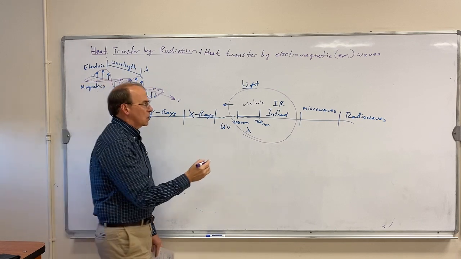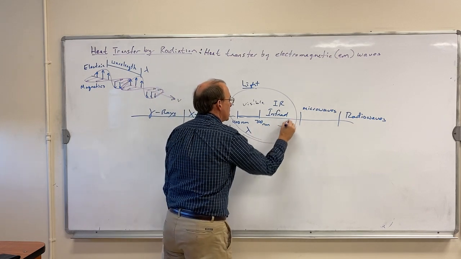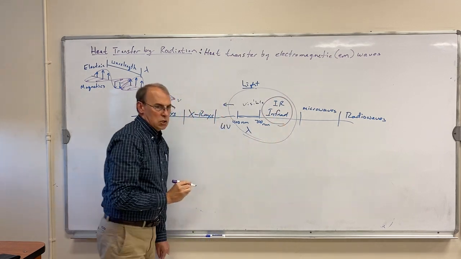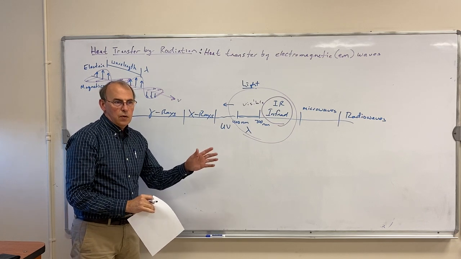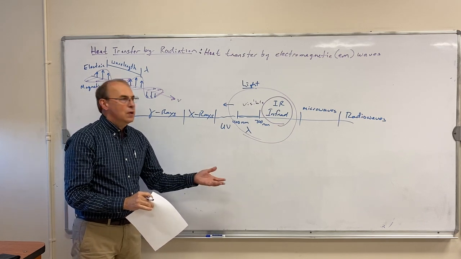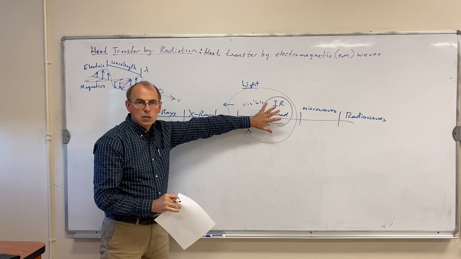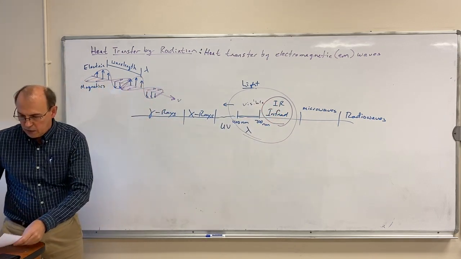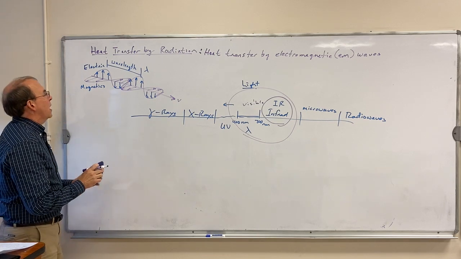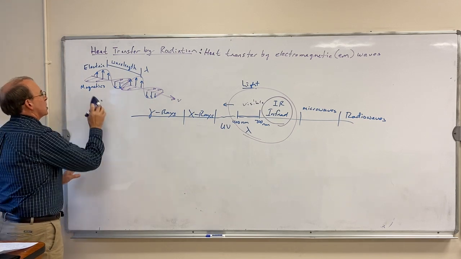For hot objects on Earth, it's mostly infrared radiation. That's the radiation when you feel heat from an infrared lamp. That's these wavelengths of light. So, heat transfer by these waves, or heat transfer by electromagnetic waves.